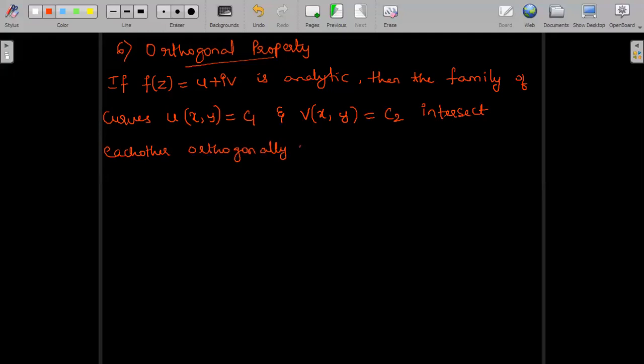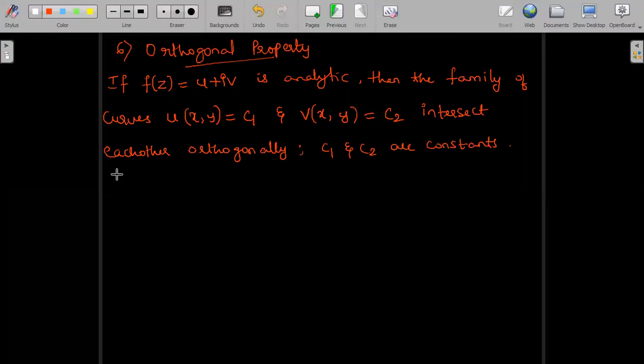And what are c1 and c2? c1 and c2 are constants. So u is equal to constant and v is equal to constant is given. They are showing the Cartesian curve, that is why x comma y is written as the Cartesian coordinates.